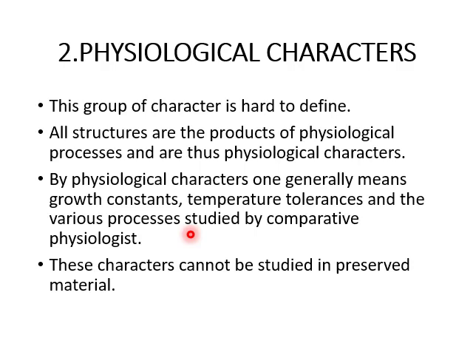All of these processes are termed physiological characters. These characters cannot be studied in dead animals or preserved animals. These characters can only be observed and discussed in living organisms.